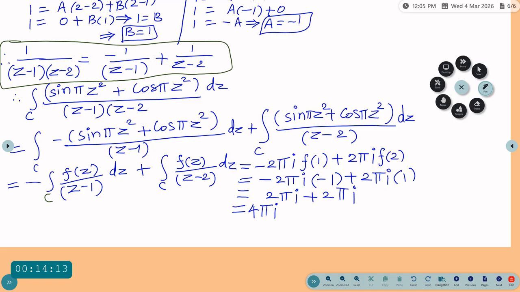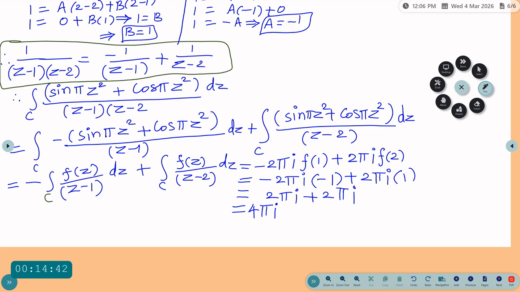We can write minus integral f of z by z minus 1 dz as minus 2 pi i into f of 1, because here we are using Cauchy's integral formula. So minus integral over c f of z by z minus 1 dz is minus 2 pi i into f of 1, and integral over c f of z divided by z minus 2 dz is 2 pi i into f of 2.